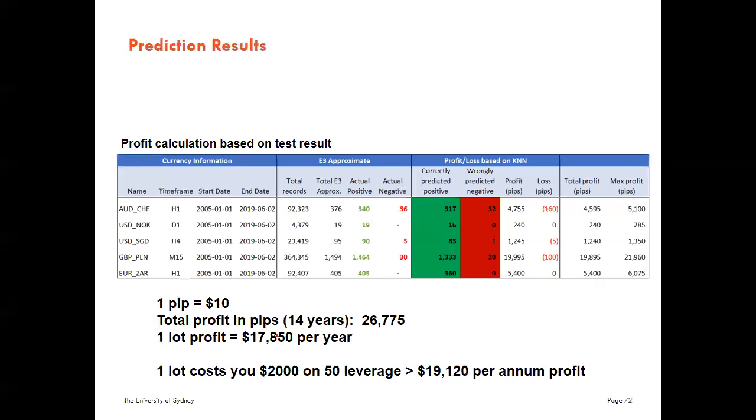So one lot costs you $1 million in real money, or, yeah, $100,000. I think that's what I meant.